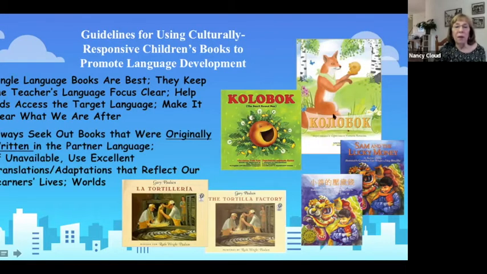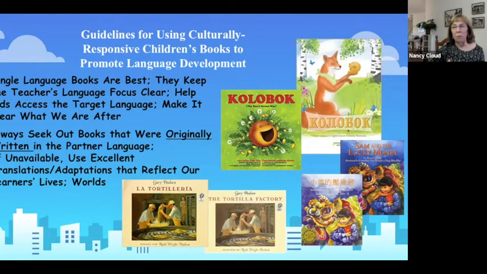And always seek out books that were originally written in the partner language if possible. But if not, make sure you're using an adaptation or translation. Remember, adaptation means it's adapted to the other language, but it's written in a very linguistically accurate way. It's not a word for word or sentence by sentence translation.